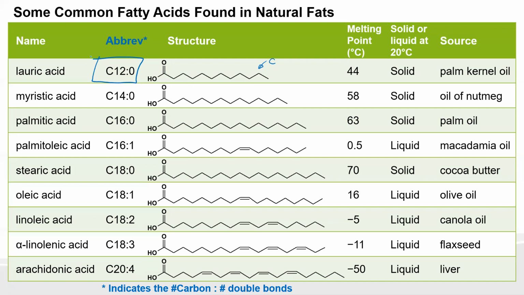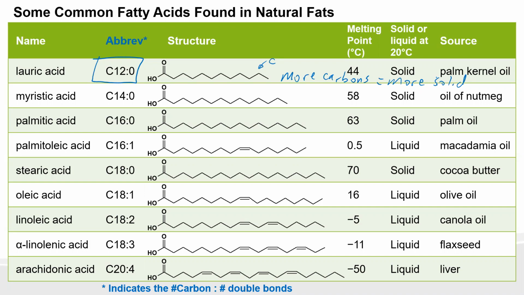So the general trend is this here: more carbons is equal to being more solid. So the more carbons you have, the more likely you are to be solid at room temperature. But if you look down the list, some of those higher ones are not solid. So you probably wonder what's going on. That general trend only holds if you compare things that are exactly identical but have more carbons.